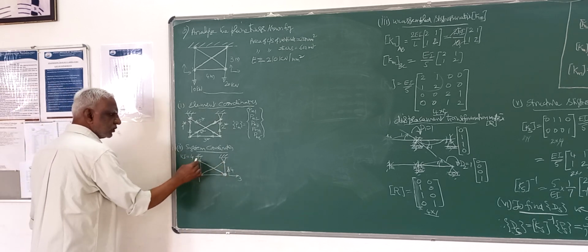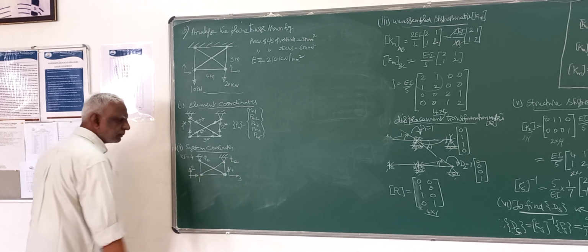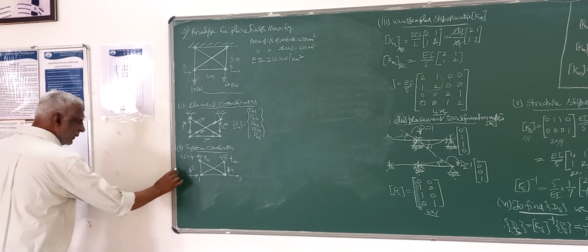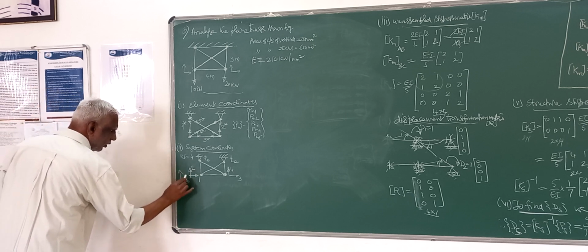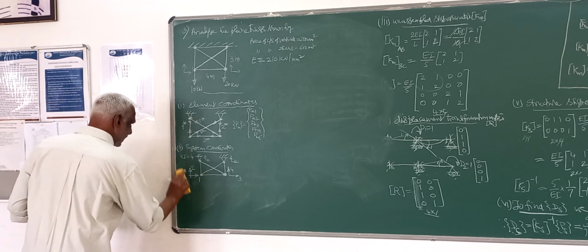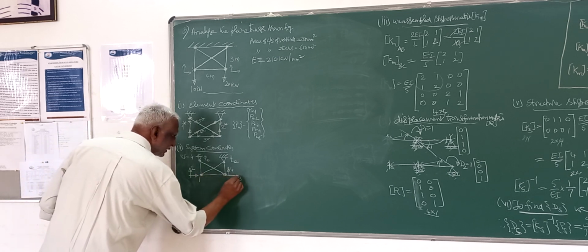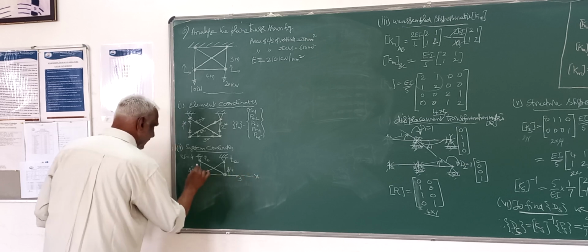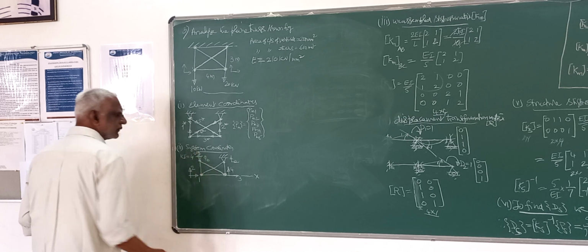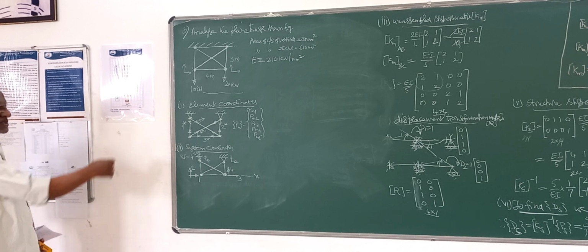Here, at these two nodes, the displacements, horizontal and vertical, are 0 because they are supports. So the displacement is not there, only here. So these are the global direction displacements. This is global x and y direction I have taken. For this problem, straight away, I can take this joint as the origin, this as the global x direction, this as the global y direction, and using this I can mark all the system coordinates.